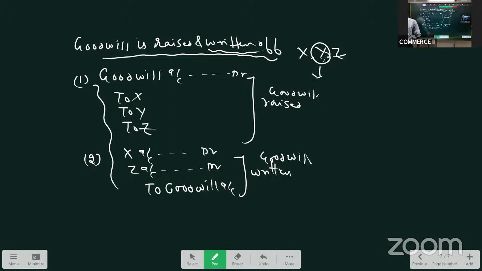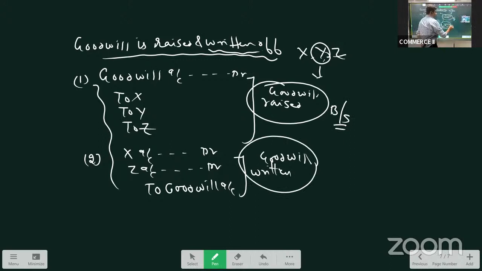If goodwill is only raised, as I told you, it will appear in the balance sheet, and when it is raised and written off, it will not appear in the balance sheet.